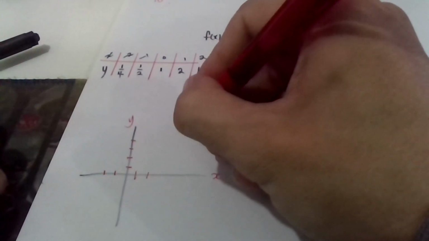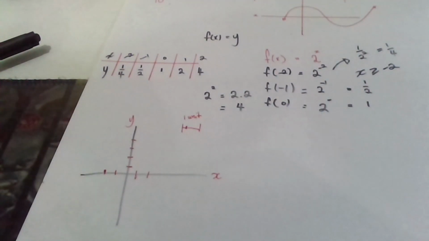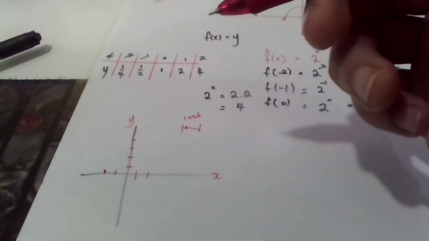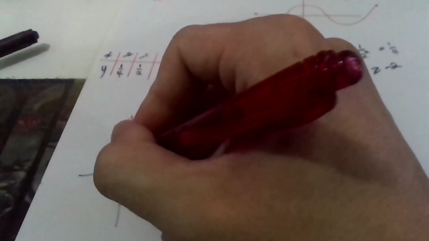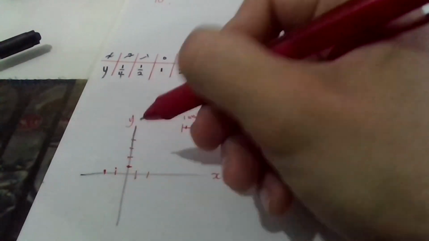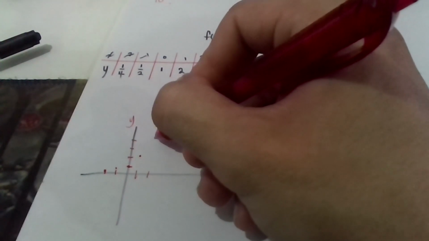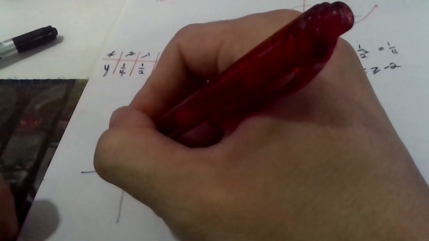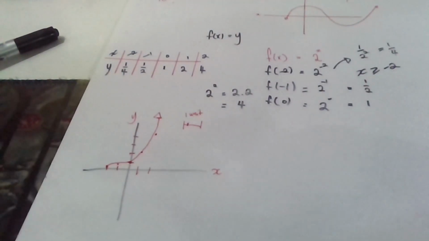A quarter would be over there, so I make a little dot right there. It's a small dot, you can't really see it, but you'll get the idea in a second. Then we need to go to -1, 1/2, which is a bit higher. Then we go 0, 1, then 1, 2, then 2, 4. And there's my exponential function.